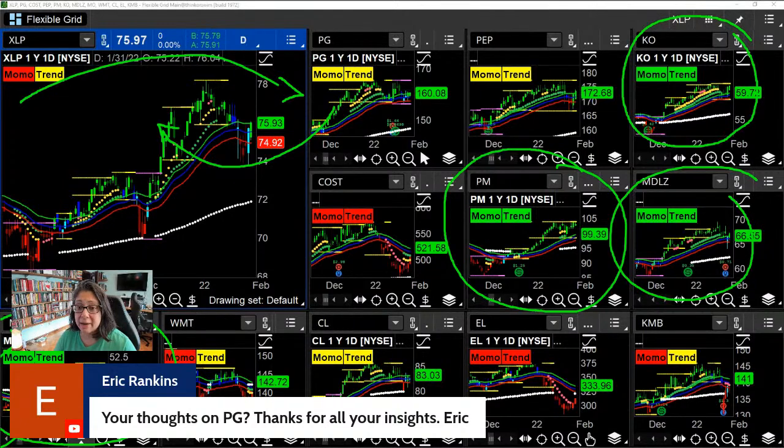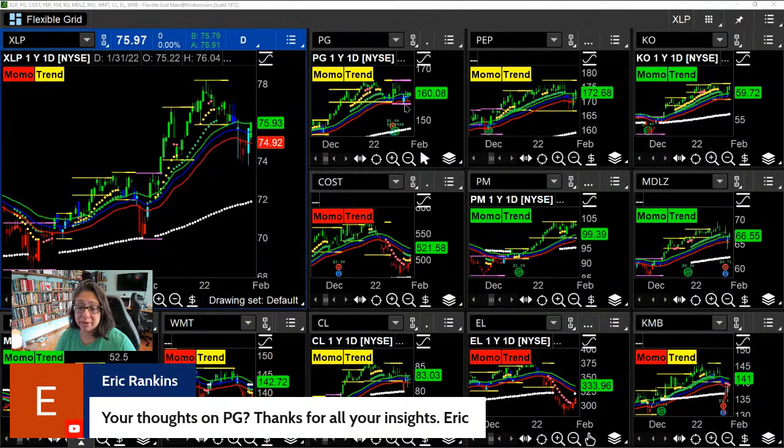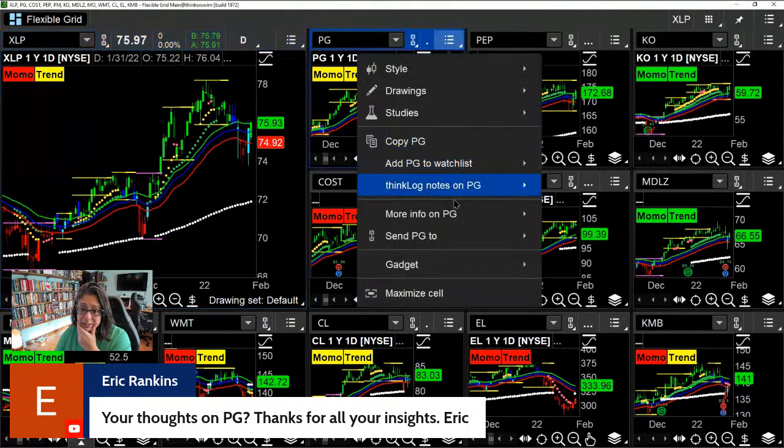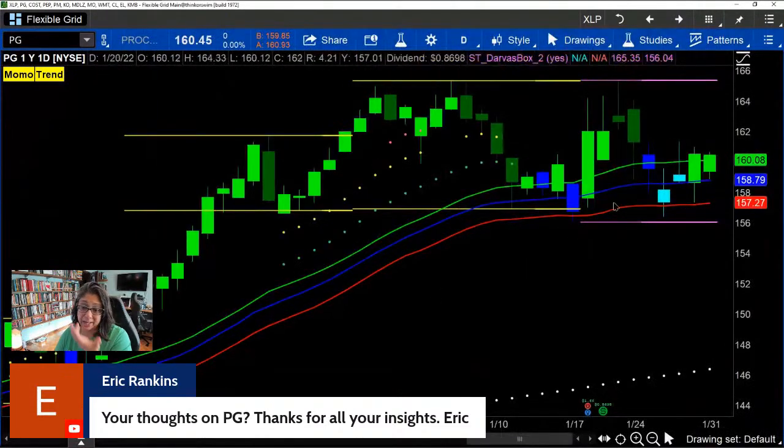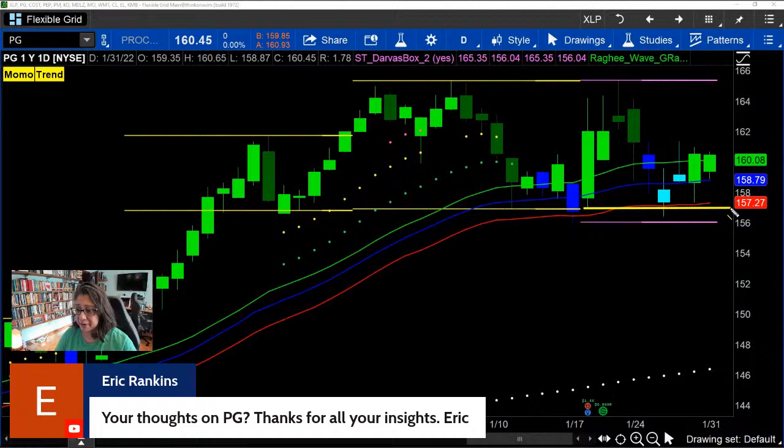I would say that if I had to choose one of the sideways markets within XLP, really two of them, this one looks very good off the 200 propulsion. Procter & Gamble has some excellent, look at that Darvas support. What's not to like about that? That's perfect. So extend that automated support and resistance over.